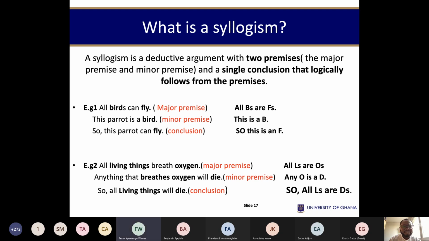Then you conclude: so this parrot can fly. All birds can fly. If Kofi is a bird, then it means that Kofi must also do what? Fly. This is a deductive argument.